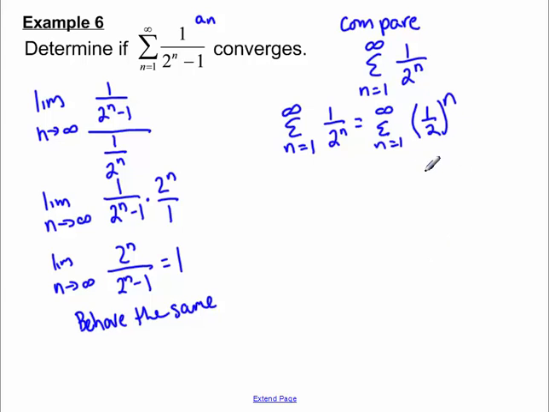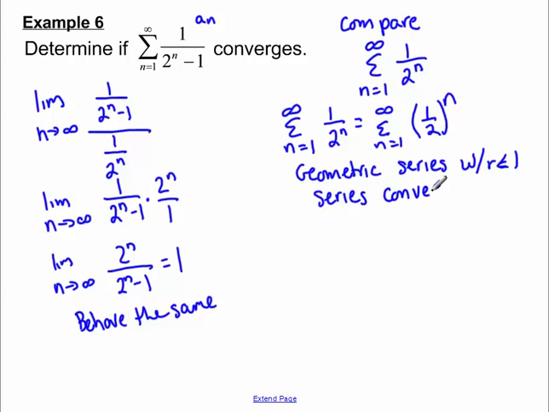Now we have a geometric series with r less than 1, so our series converges.